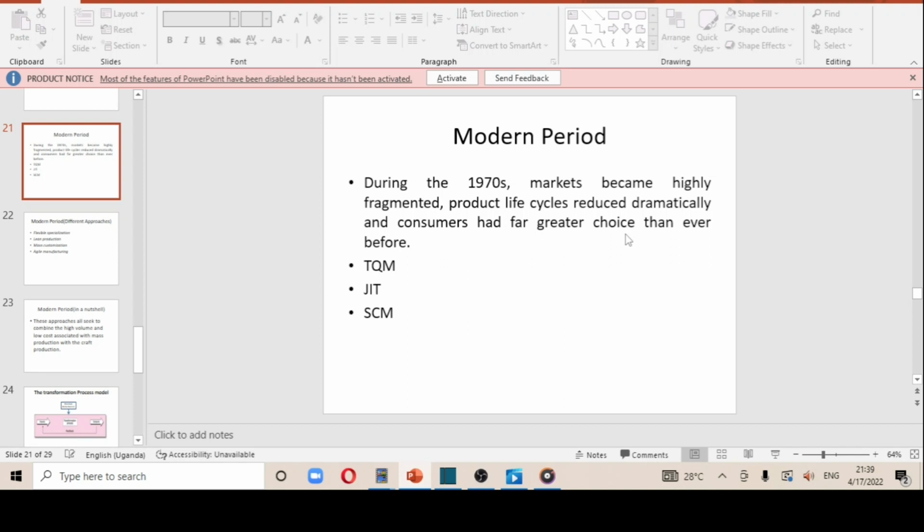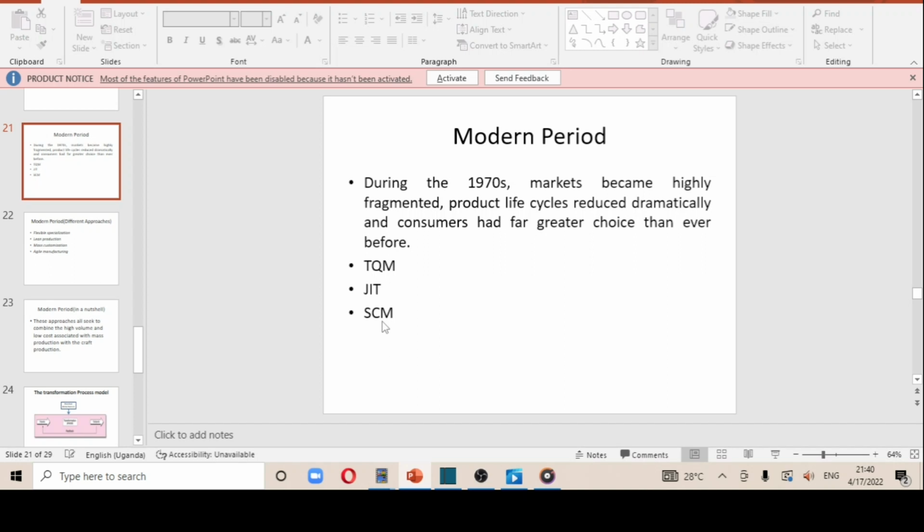So different firms came up with ways to deal with this, and some were using total quality management, which looked at doing it right the first time, then just in time, delivering things just in time. Then they had supply chain management, which looks at the management of the flow of goods and services.